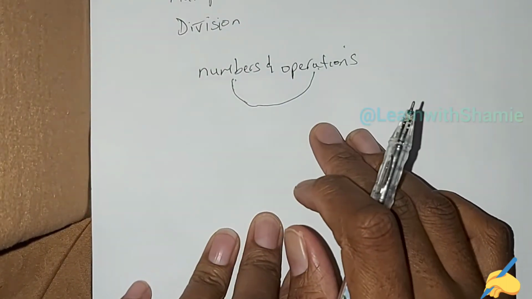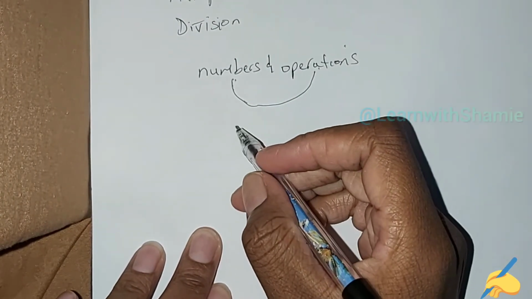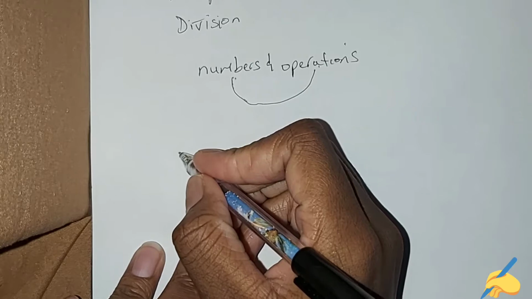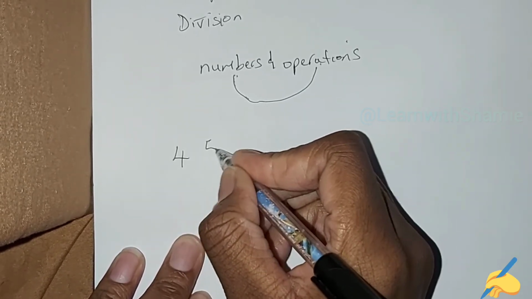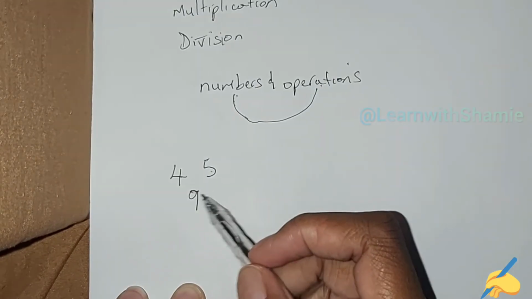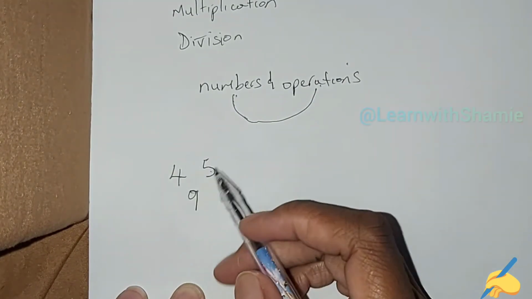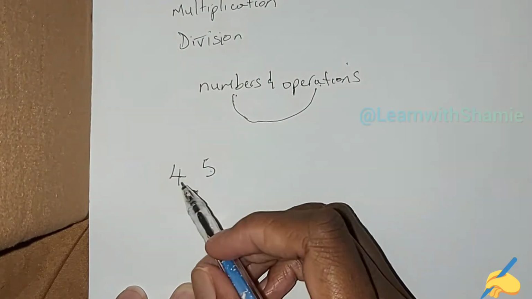The addition operation tells us to take two numbers and combine their values. Example, 4 and 5 would give us 9.